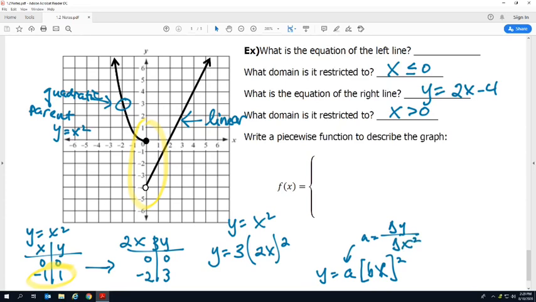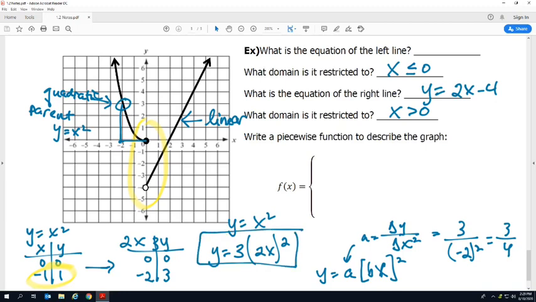So to get from the origin of (0, 0), we went to the left 2, and then my y value changed by 3, so over 3 squared. Oh, I have that backwards, don't I? I'm sorry, I'm saying that all wrong. My y's changed by 3, and my x's went to the left 2, and then I square it. So it becomes 3/4. So you could write that equation like this.